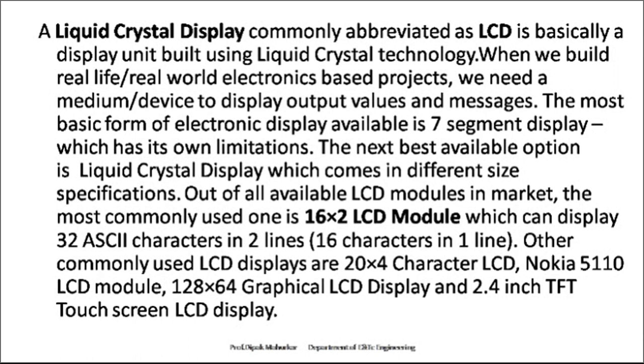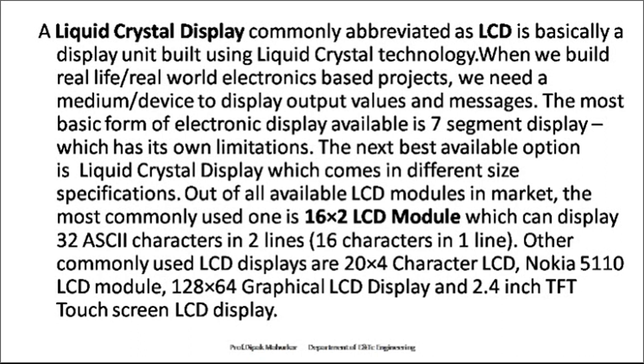When we build real-world electronics-based projects, we need a medium or device to display output values and messages. The most basic form of electronic display available is the 7 segment display, which has its own limitations.